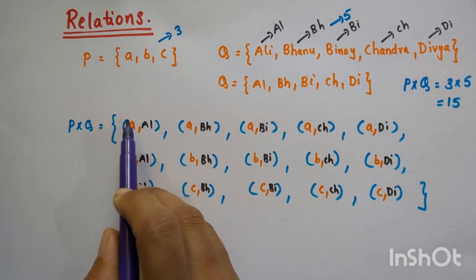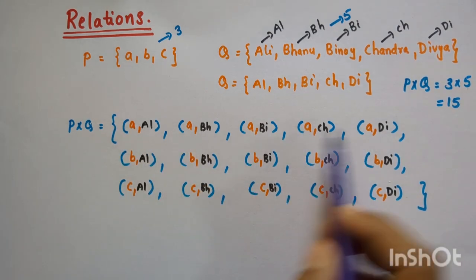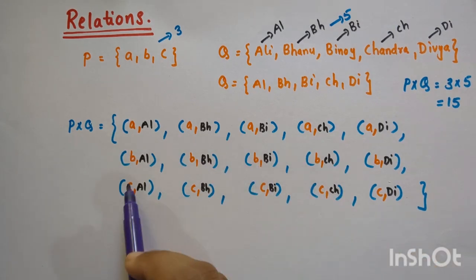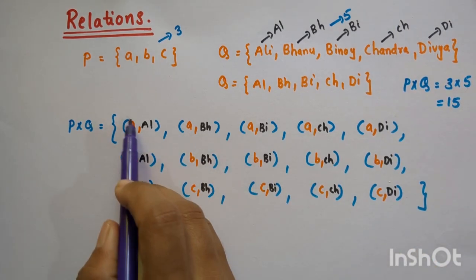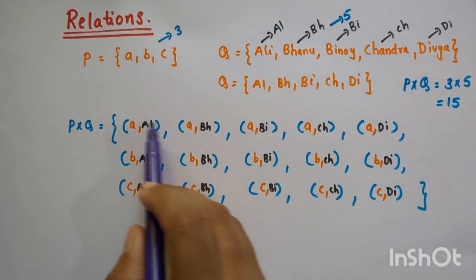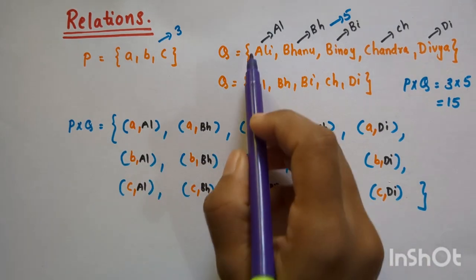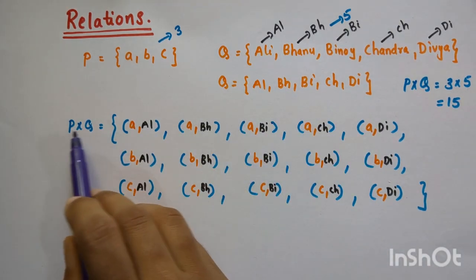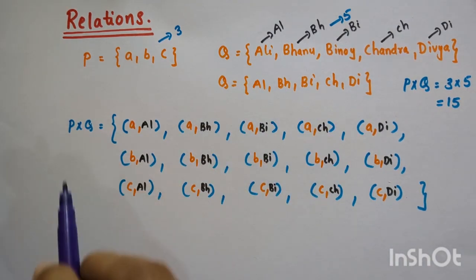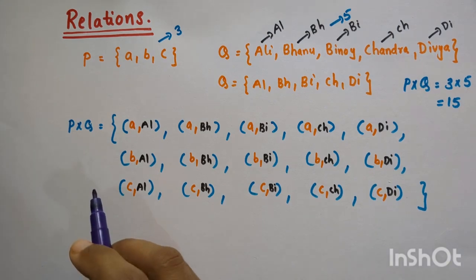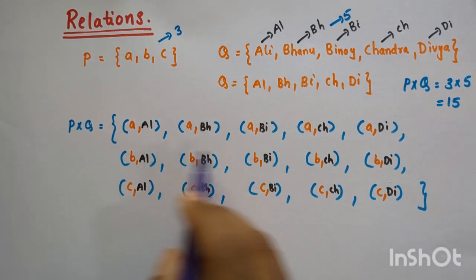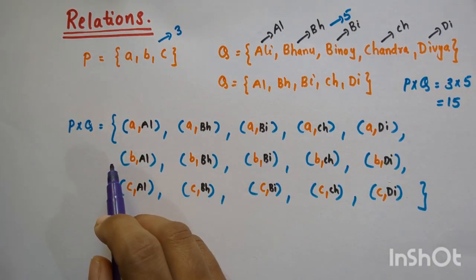In every ordered pair, the first one is the element of P, and the second elements are the elements of Q, because we are taking the Cartesian product P cross Q. So there are 15 ordered pairs in P cross Q.